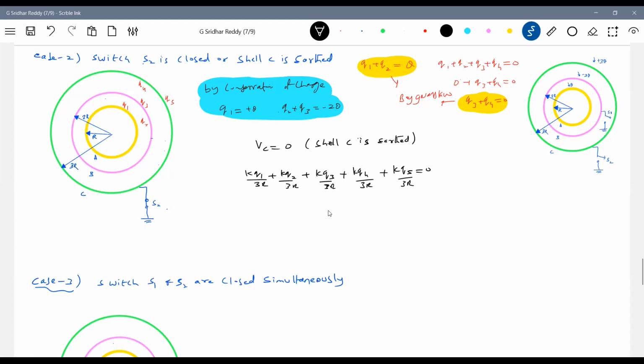Looking at this one, Q5 will be 0, no? Compare the equations. Yeah, it should be 0. In a hurry, I'm writing. Q5 must be 0 from that one.